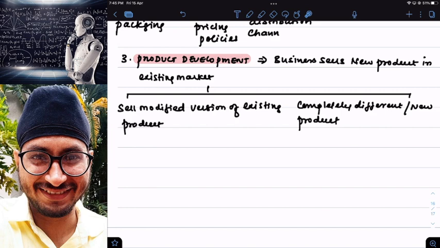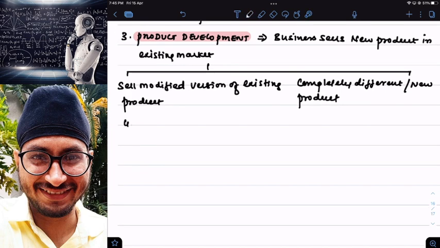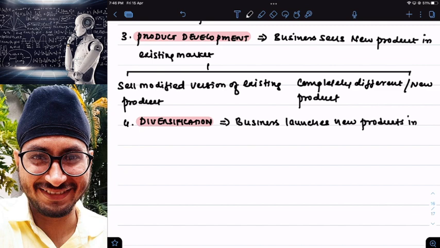The last one we have is the fourth one, that is diversification. Diversification means a business launches new products in new markets.